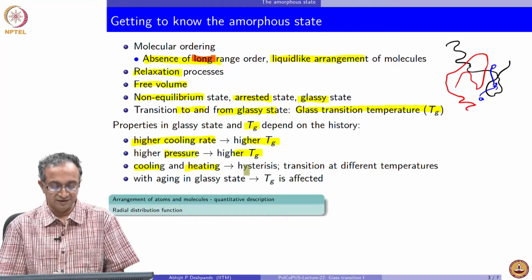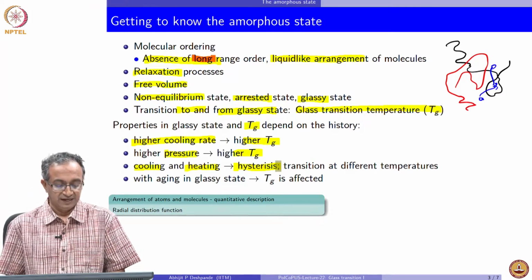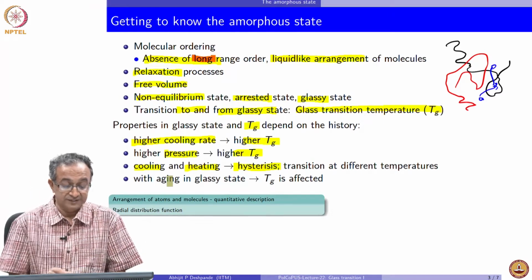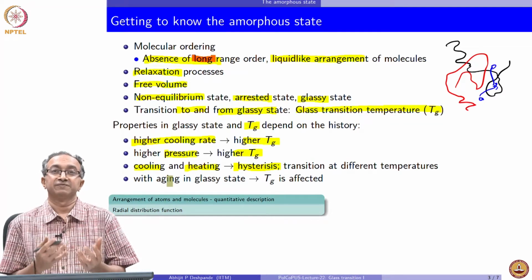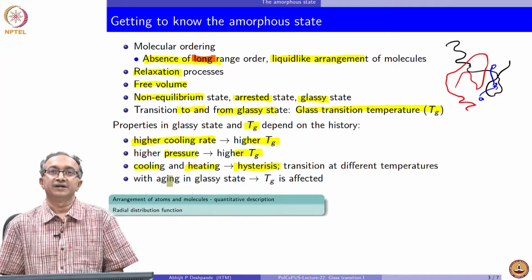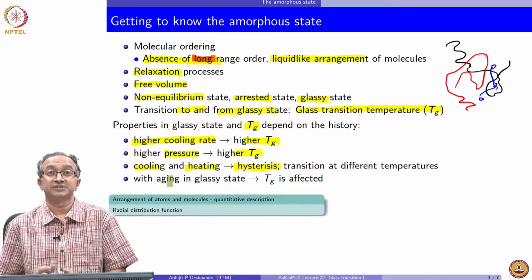So, generally hysteresis in heating cooling cycles are observed. And the other influence is the history of the sample itself. For example, given that it is a non-equilibrium and glassy state, if one leaves the macromolecule sample for 1 year and then measures the glass transition as opposed to just cooling it and immediately measuring the glass transition, there will be a difference.